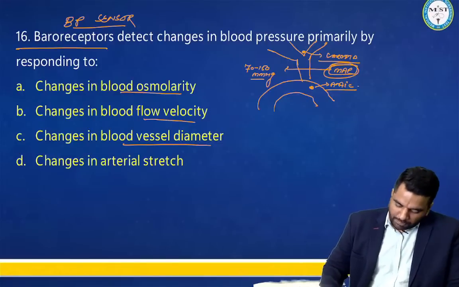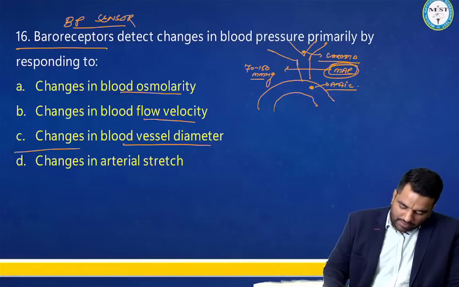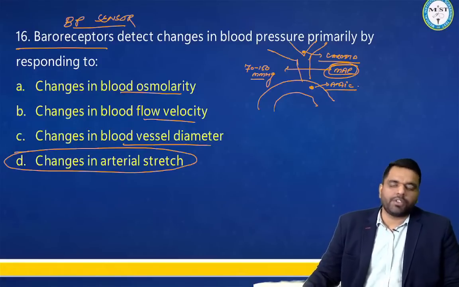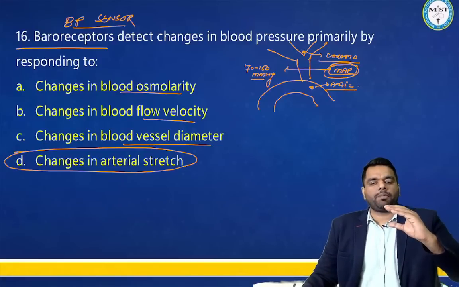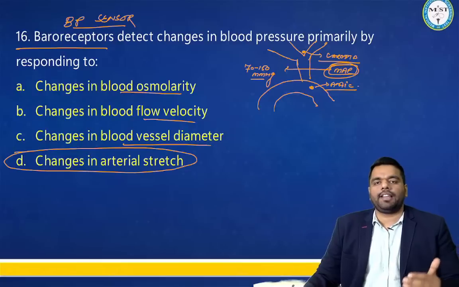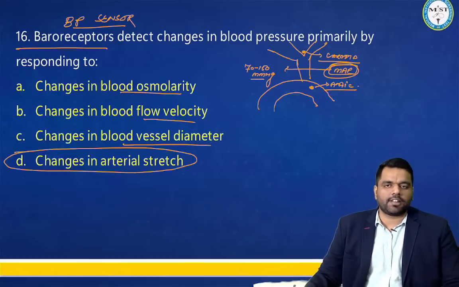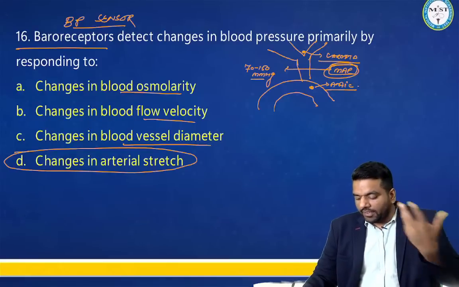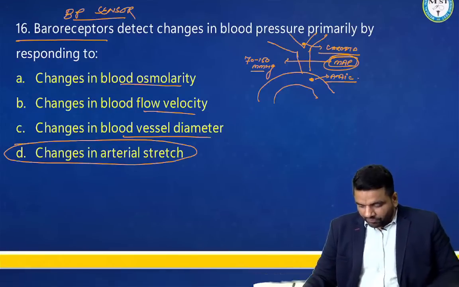So the baroreceptor detects changes in arterial stretch. Whenever stretch increases, the baroreceptor will detect it. Whenever stretch decreases, it is also detected by the baroreceptor, and they are actually the blood pressure sensors. They are situated in two areas, the aortic area and the carotid area. Right, beta?